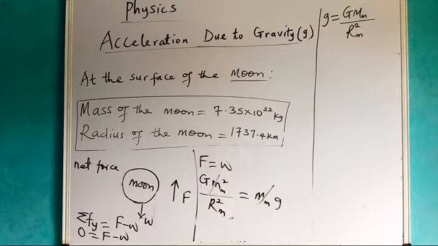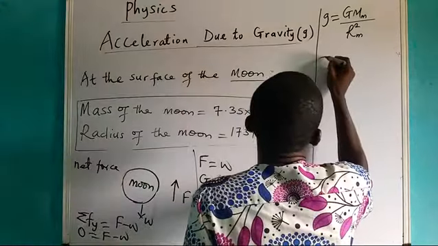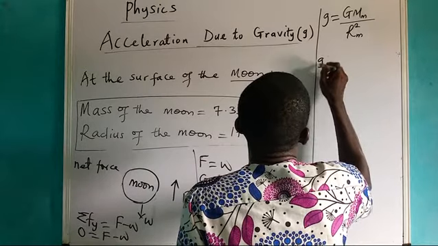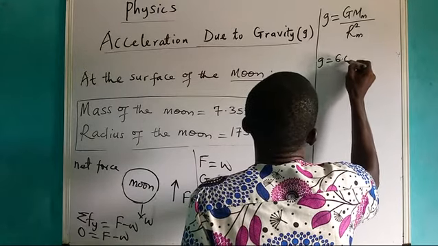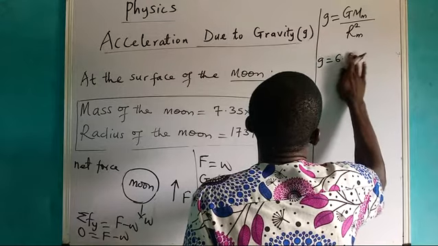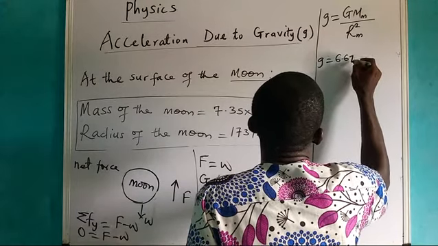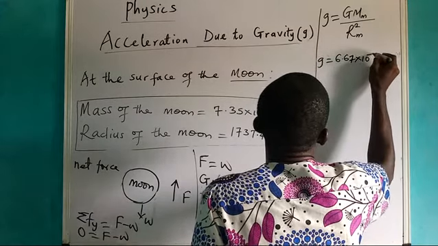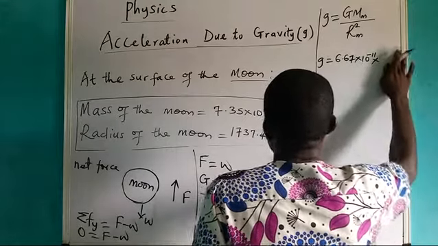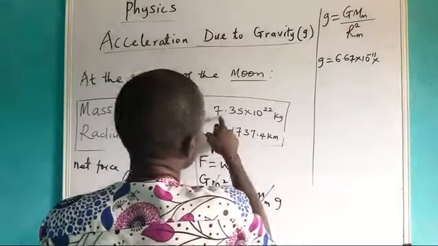Now looking at the gravitational constant, please don't forget that our G is always 6.67 × 10^-11. Now what is the mass of the moon?